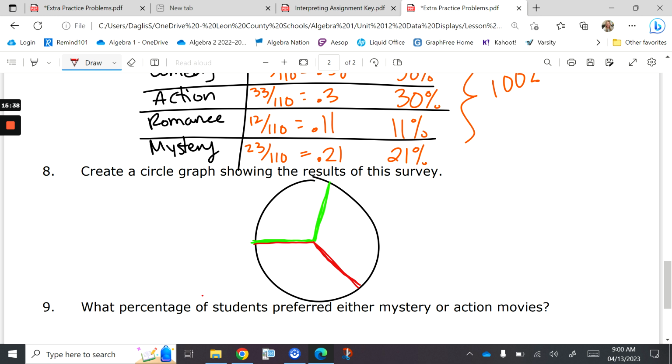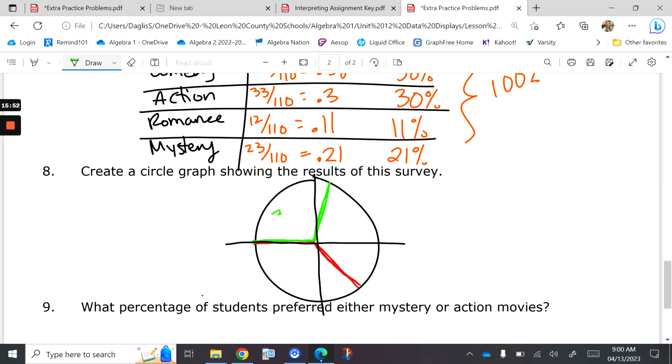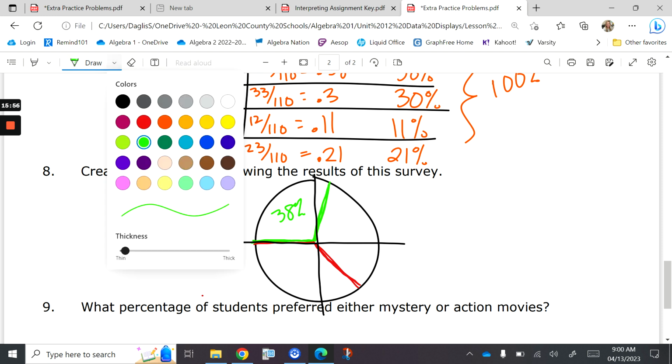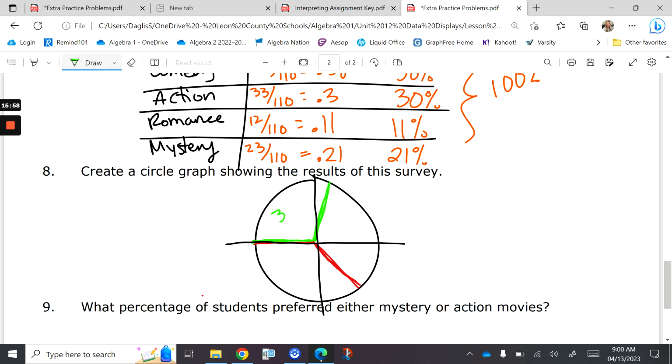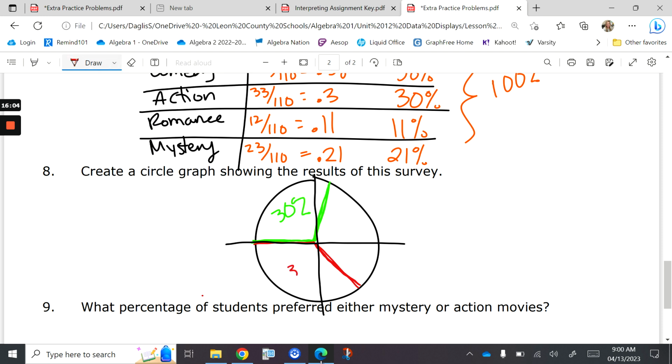I took away too much. There we go. I wasn't done with my stuff. So this one gives me 38. Nope, that one was my 30. Sorry, I'm losing it.